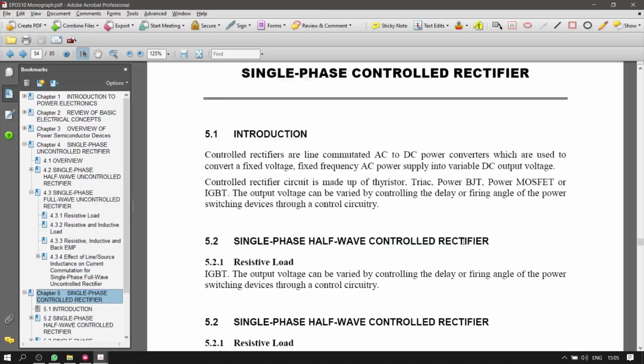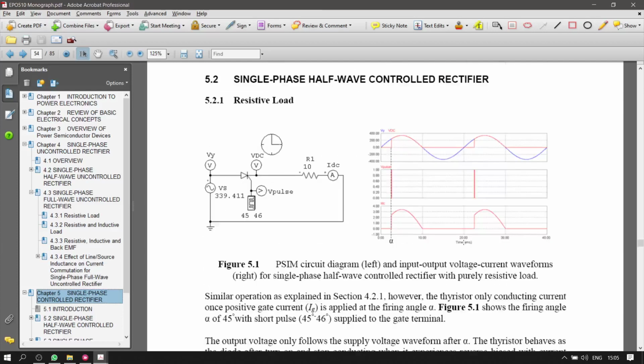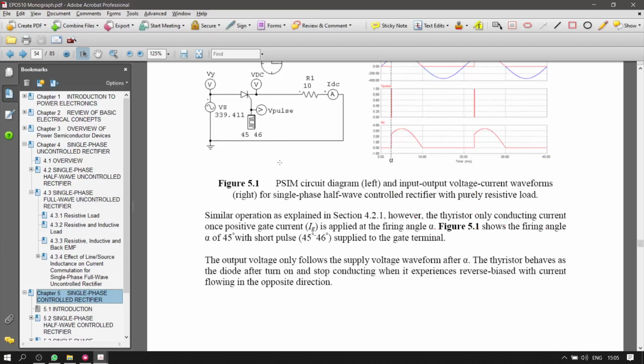Okay, look at the controlled rectifier. We start with the single phase half wave controlled rectifier, and then we analyze the circuit, and we identify this is a resistive load.